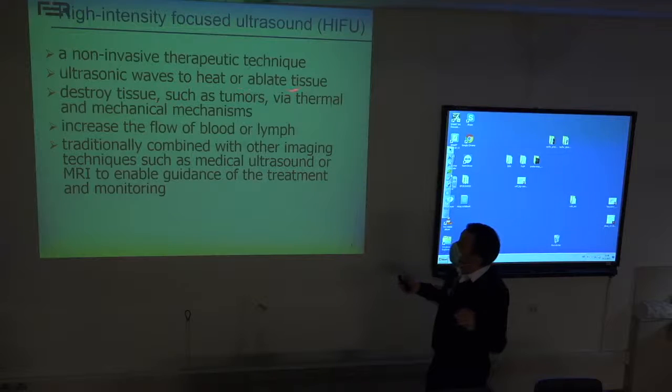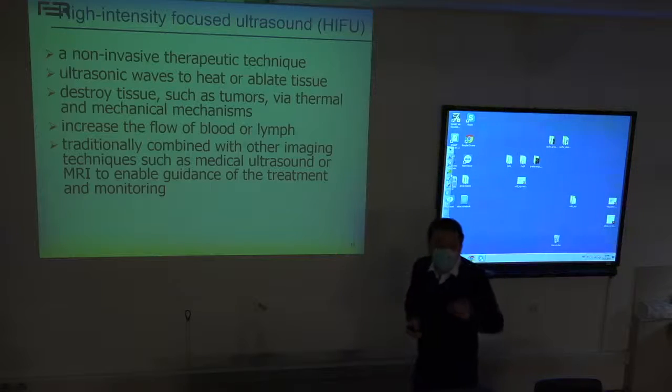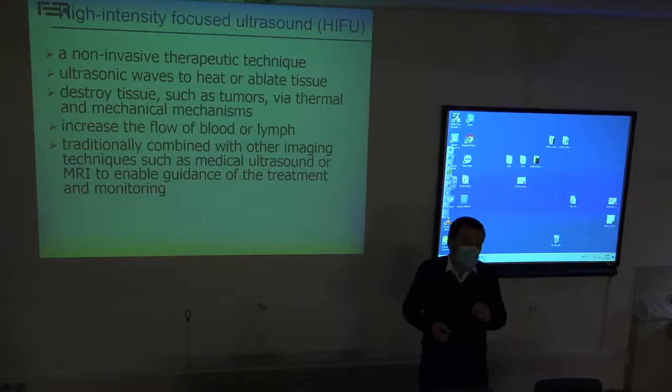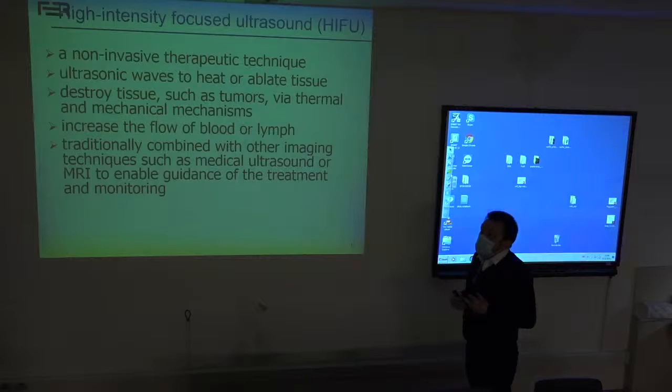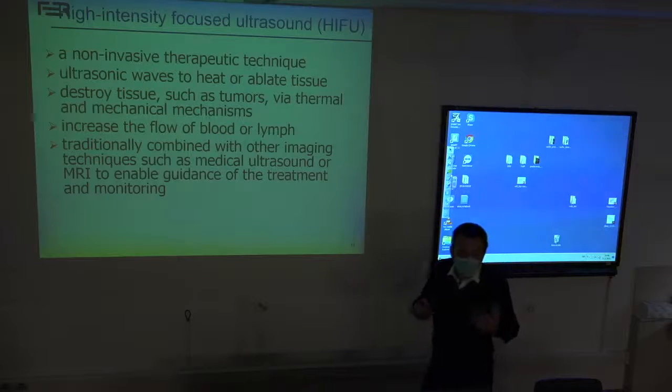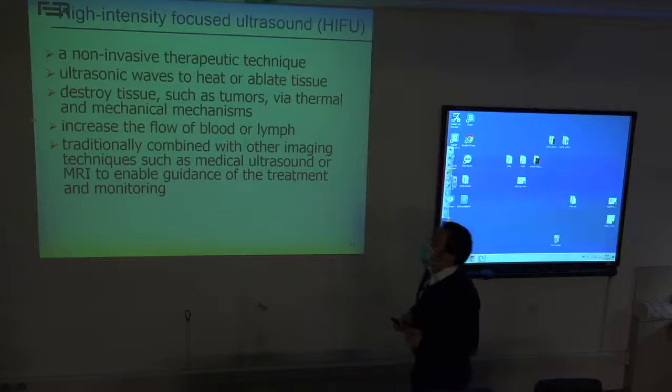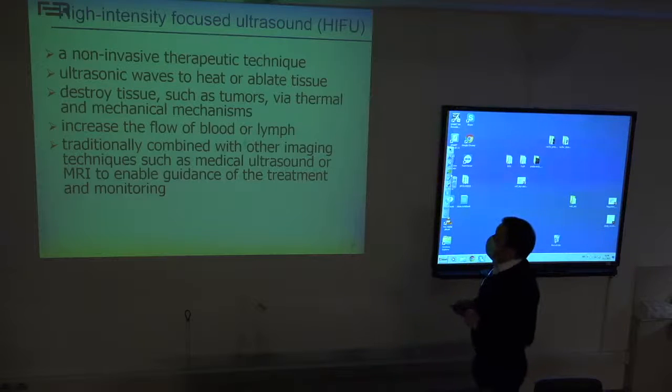So this is meant for destroying soft tissue. Today it's relatively popular for destroying malignant tumors like prostate. That's one of the easily reachable tumors for this technology.